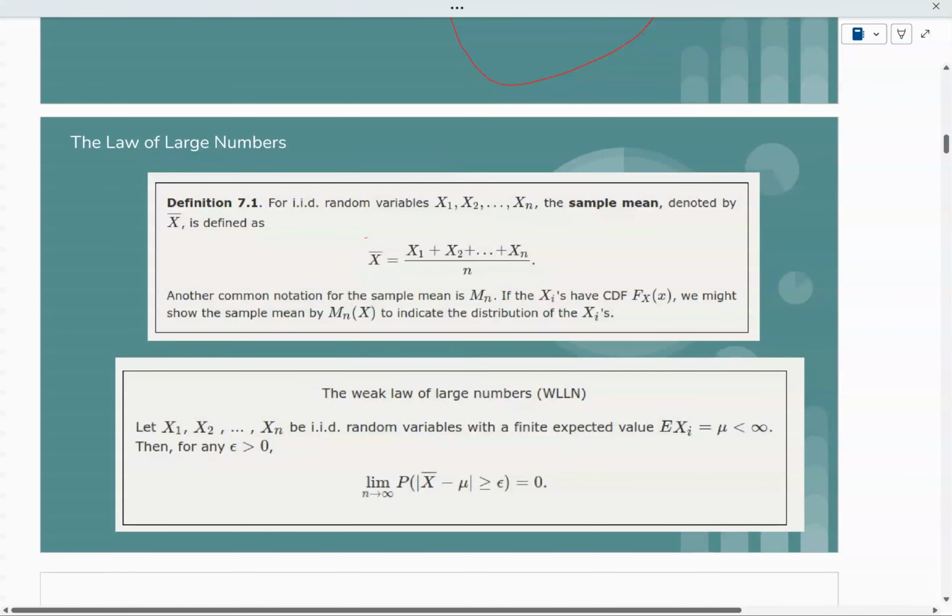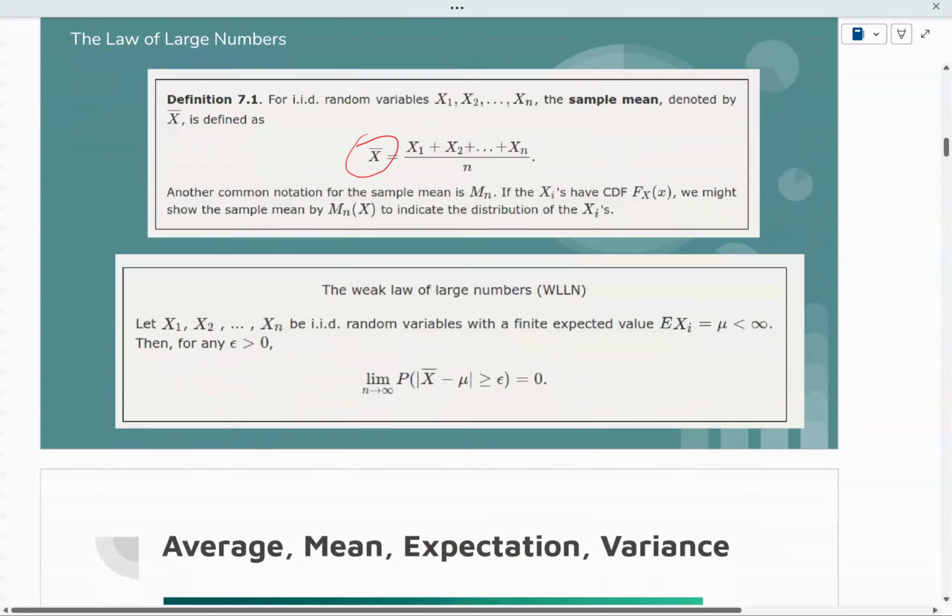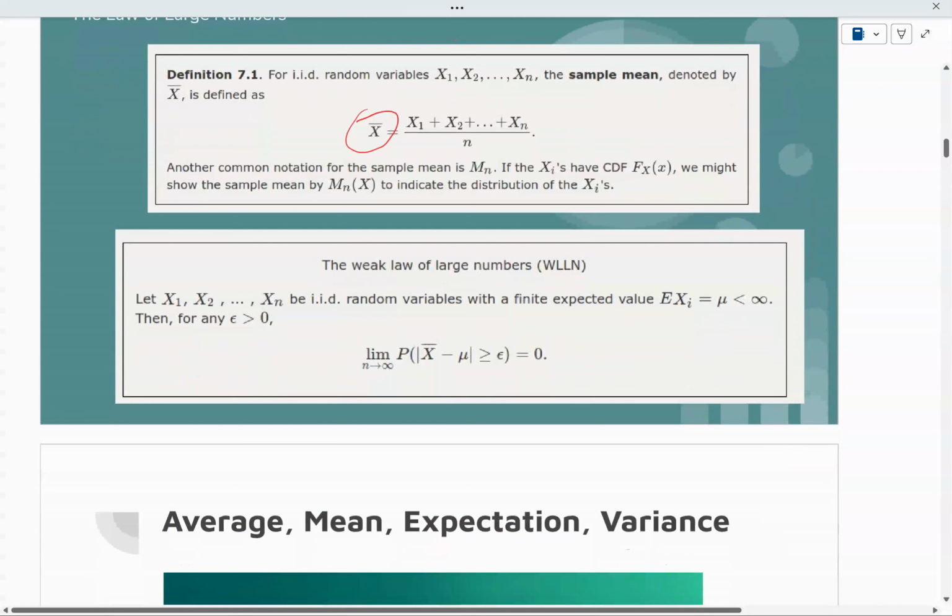With this average, the law of large numbers says that given mu as the true average, this is the true average, and this is your predicted average. The difference between the predicted average and the true average is called the error.